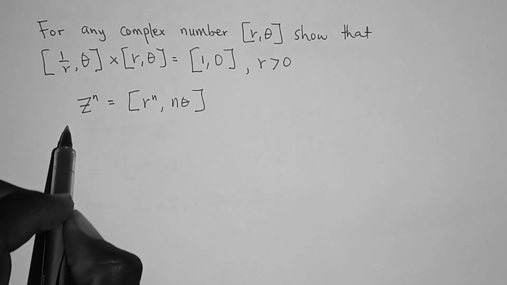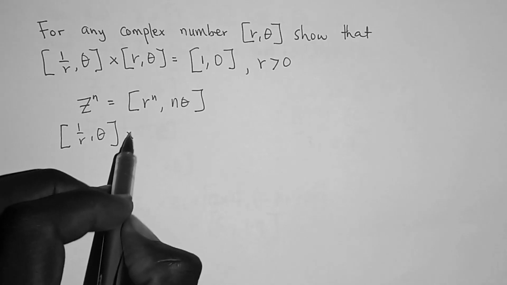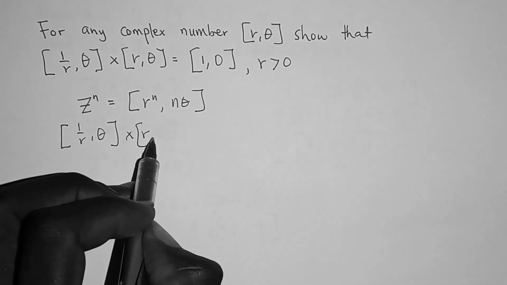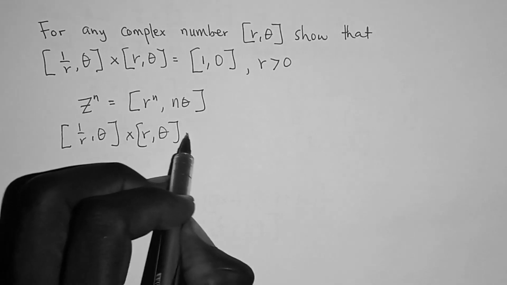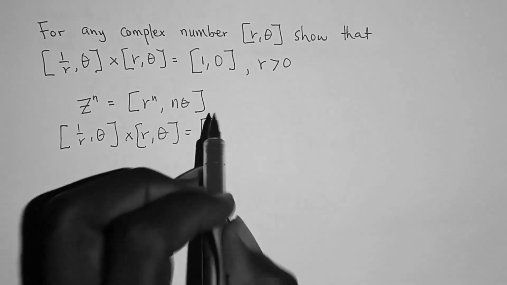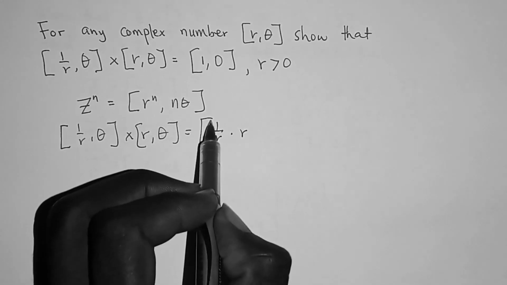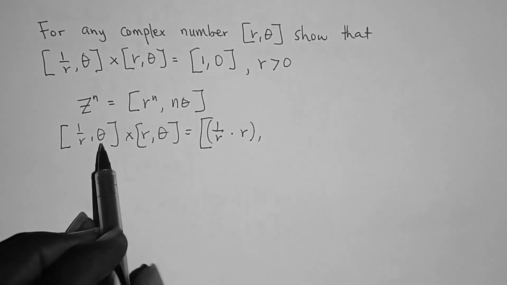So into bracket 1 over r theta times into bracket r theta is equal to, you multiply the r, so a big bracket 1 over r times r in one bracket, then comma, then you add.